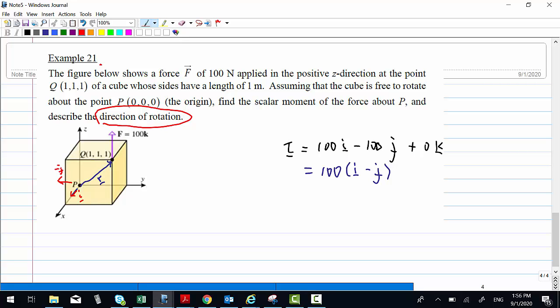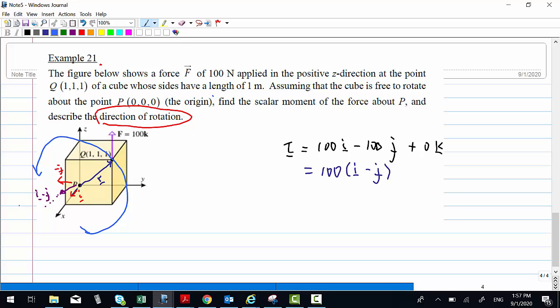So i minus j, when I add them up, is actually this vector along the plane. This is actually the axis of rotation when the cube turns, because of the force acting here, so they actually turn around the axis.